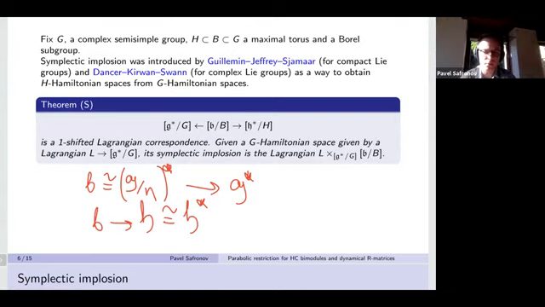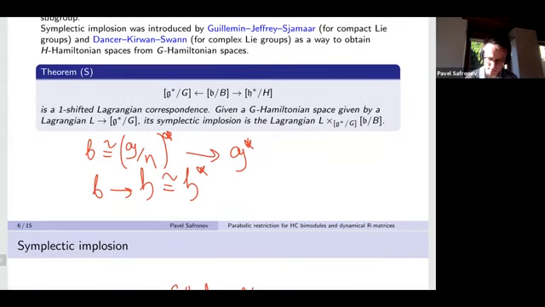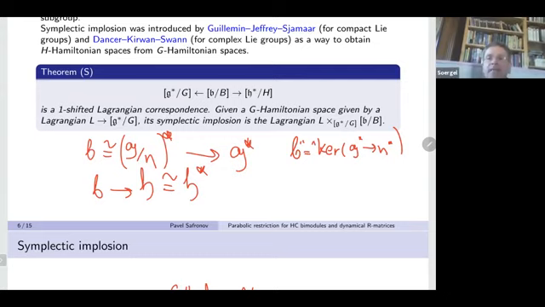Yeah, you can write this without the Killing form. Then what I call B is, by definition, the kernel of G dual to N dual. If you define it in that way, then it doesn't. Okay. Thanks.